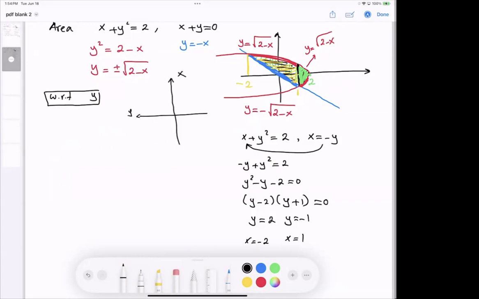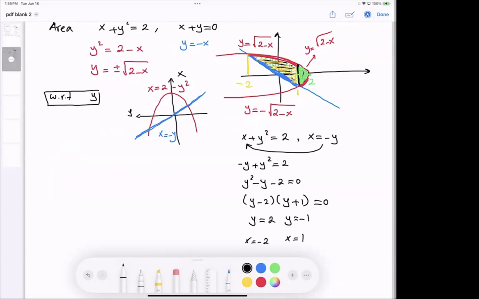Just rotate this 90 degrees. So you can see here I have this curve down here, and then this line just passing through this way. Now here you have x, which is 2 minus y squared, and down here your x is equal to negative y, and your y is bounded between -1 and 2.